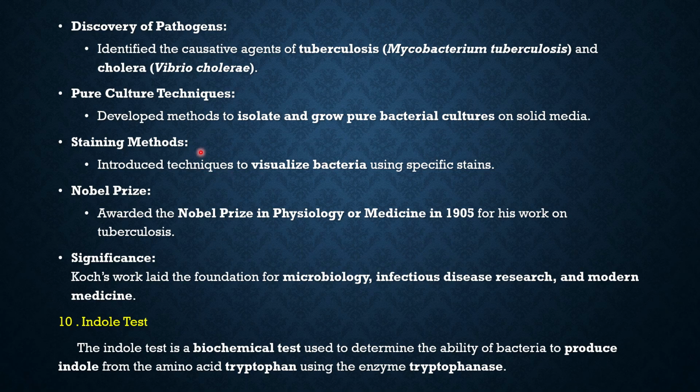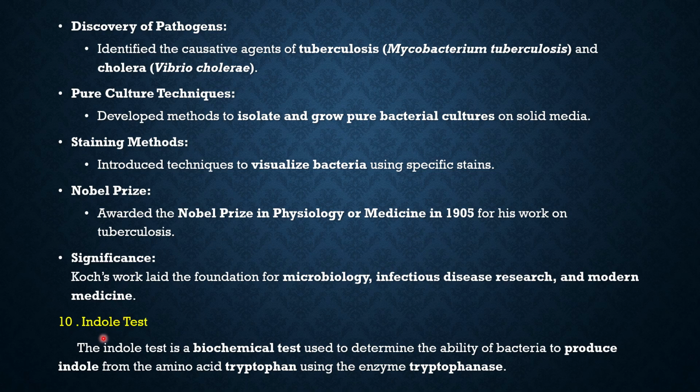He introduced staining techniques to visualize bacteria using specific stains. He was awarded the Nobel Prize in Physiology and Medicine in 1905 for his work on tuberculosis. His work laid the foundation of microbiology, infectious disease research and modern medicine.